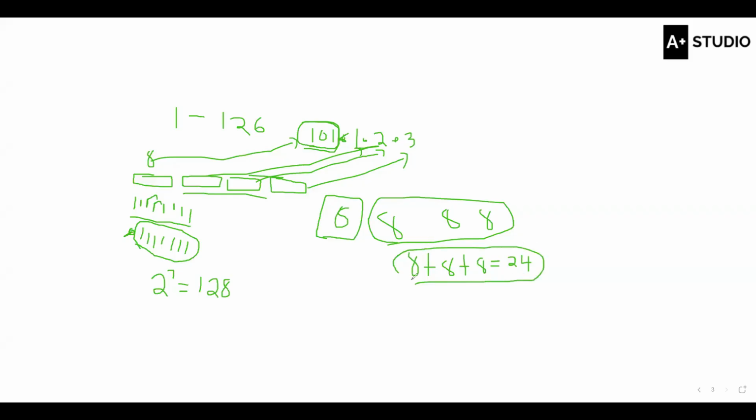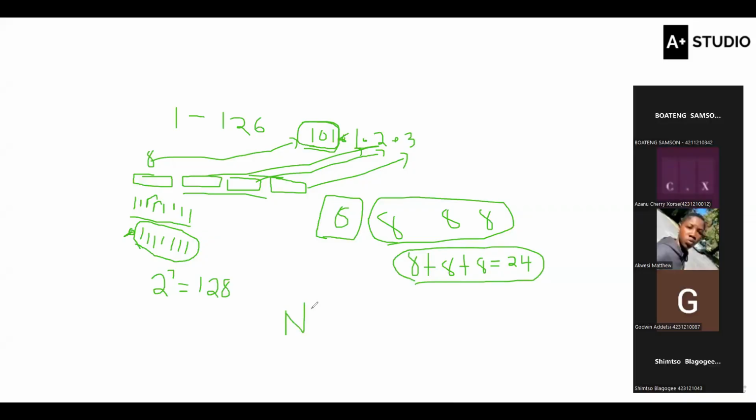With this, we can say that the network has 8 bits and the host has 24 bits.